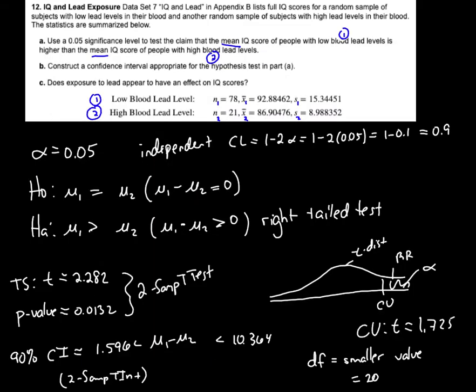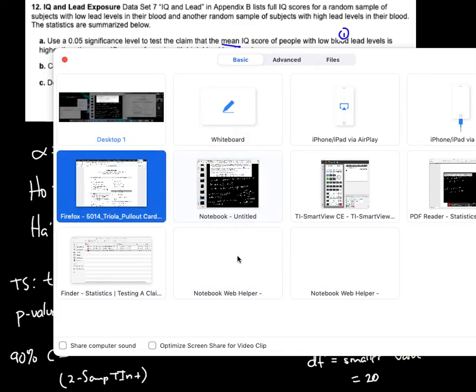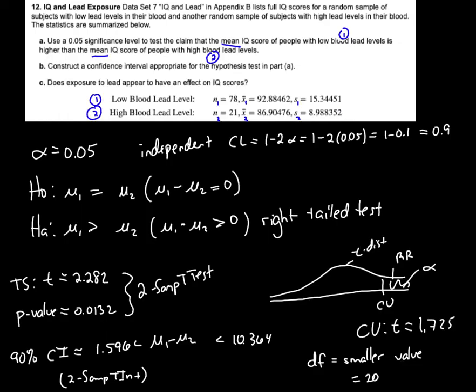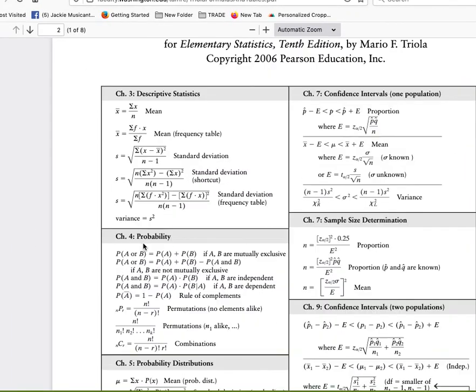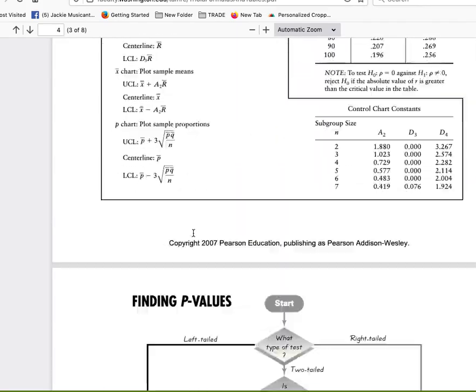Let me see if I can find the table real fast. If you're using the table, go down to table A3 where you're dealing with T stuff.